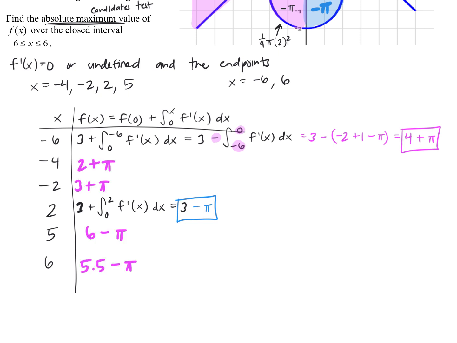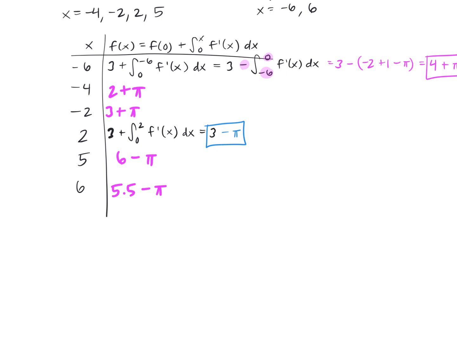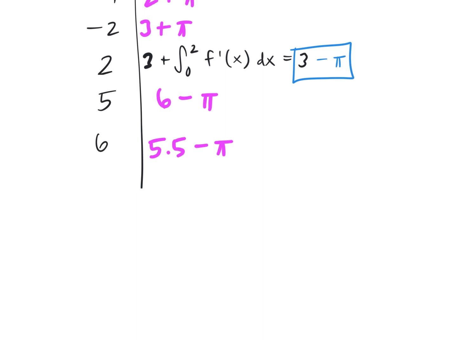Okay, do we all agree with these answers? Yes? So where is my maximum occurring at? Which one's going to be the largest value? At -6, right? So our absolute maximum, we can write this with a conclusion sentence here with all the information in one.